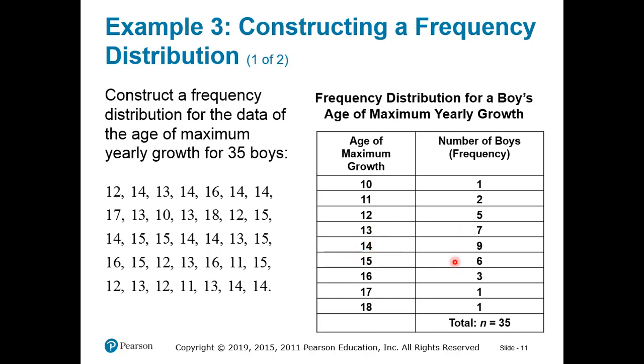Or if you look at the range here, 13 to 15, how many boys fall into the age group 13 to 15? Well, you've got 22. So the majority of boys basically have their growth spurt somewhere between 13 and 15, based on this data.